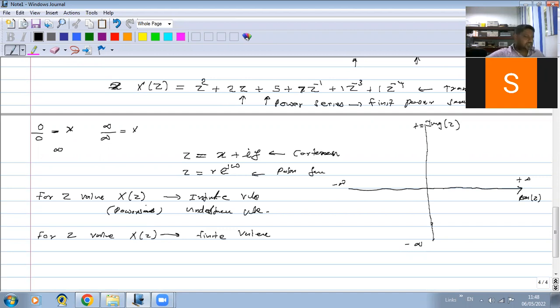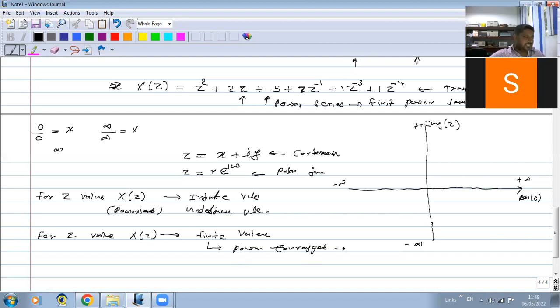If this power series gets a finite value for some z value, we call this power series convergent. The power series converges to some value. Converge means limited to a value.